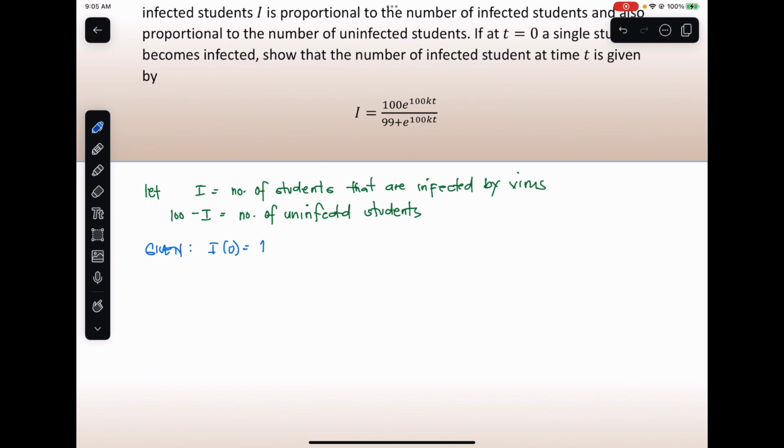We are given the working equation to predict how many students will be infected after a certain time: I equals 100 e raised to 100 kt over 99 plus e raised to 100 kt. What is required is to prove that I equals 100 e raised to 100 kt all over 99 plus e raised to 100 kt.